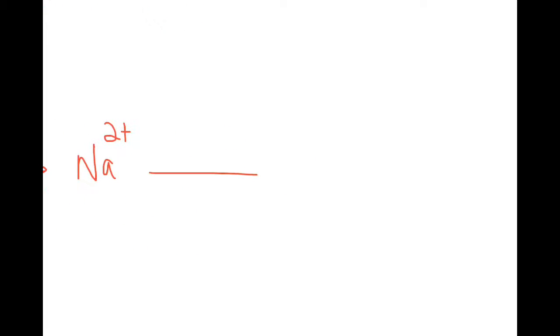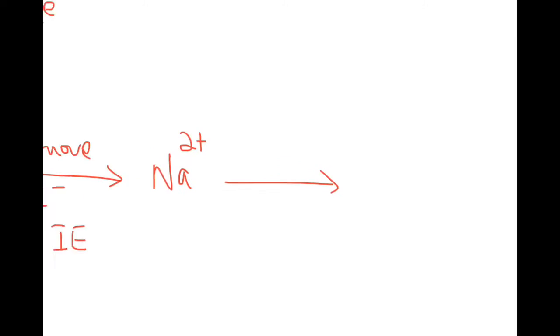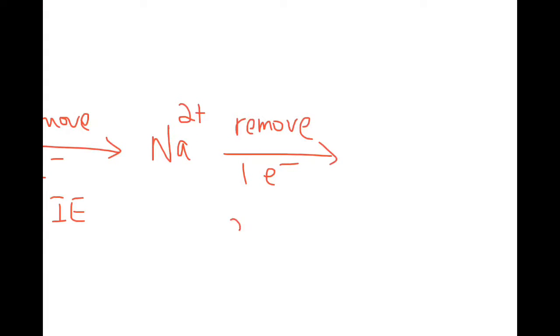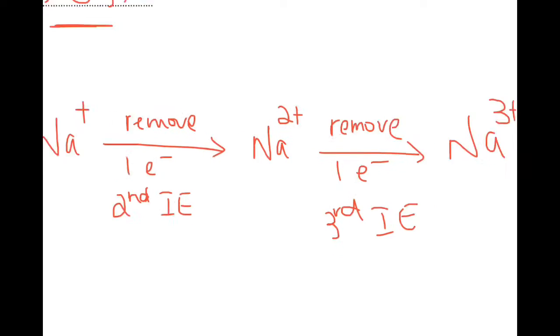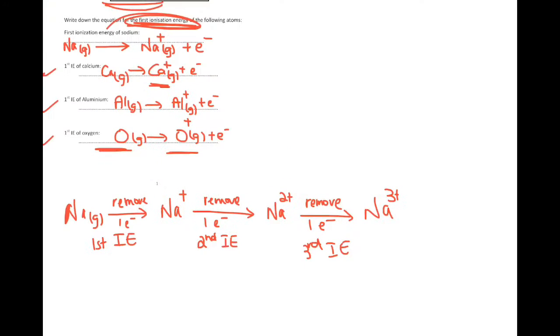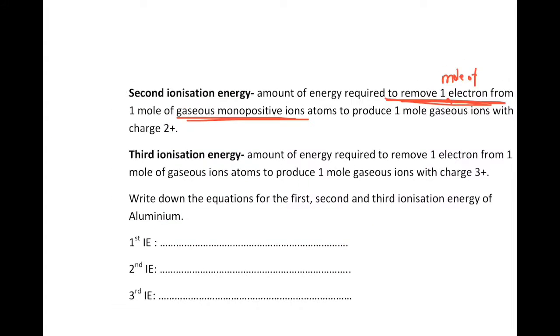From Na2+, you can continue and remove 1 more mole of electrons. That would be called the third ionization energy, and you end up with Na3+. You can actually remove all the electrons successively, one after the other, and you'll have the different ionization energies until you remove all the electrons.